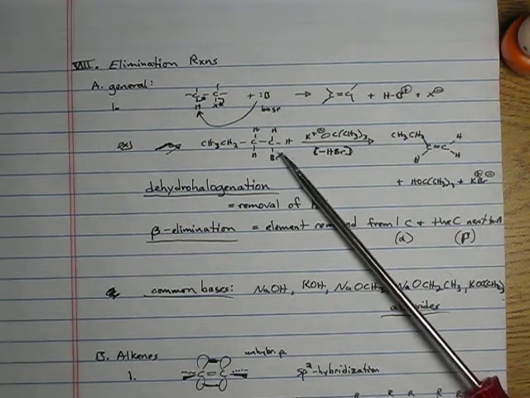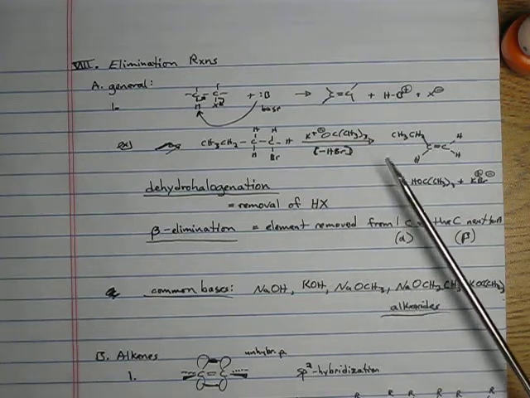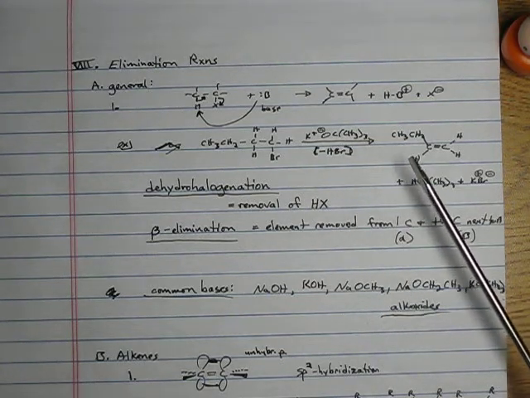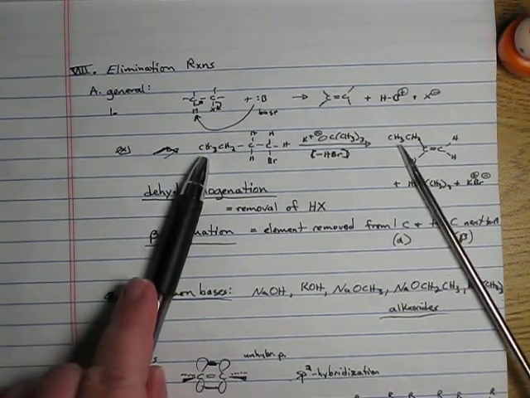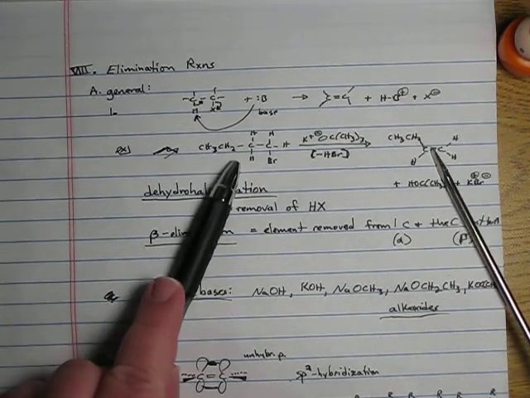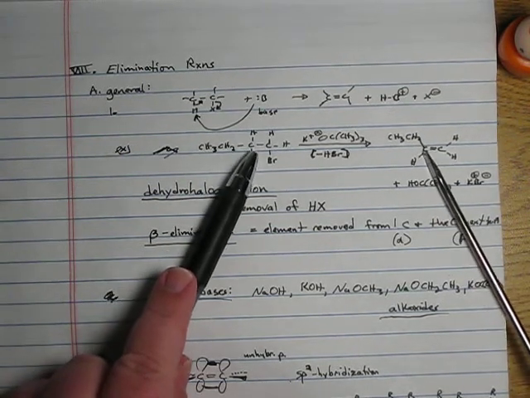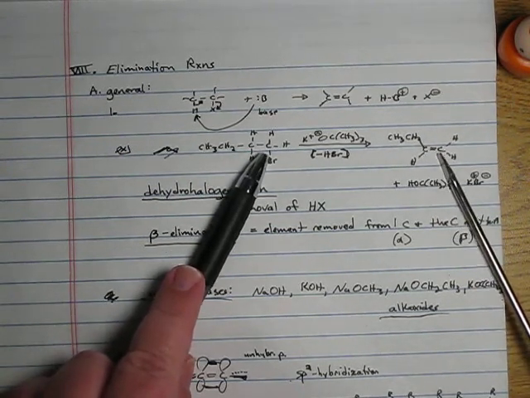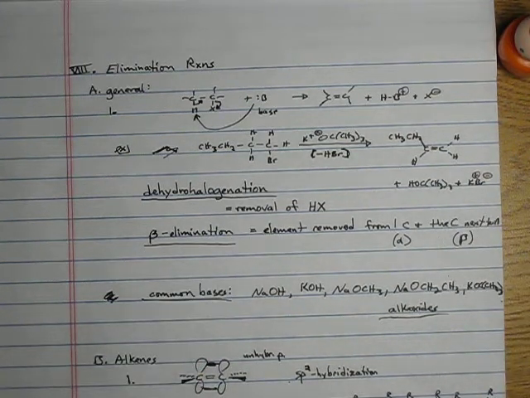The leaving group bromide will leave. And we end up with CH3, CH2, CH, because one hydrogen is missing, double bonded to this carbon that now has its two hydrogens on it, and the bromine leaving group is gone.